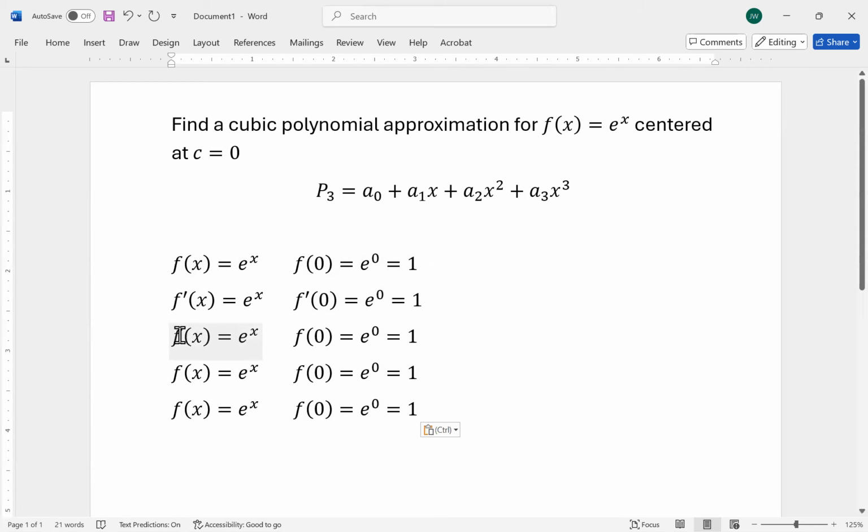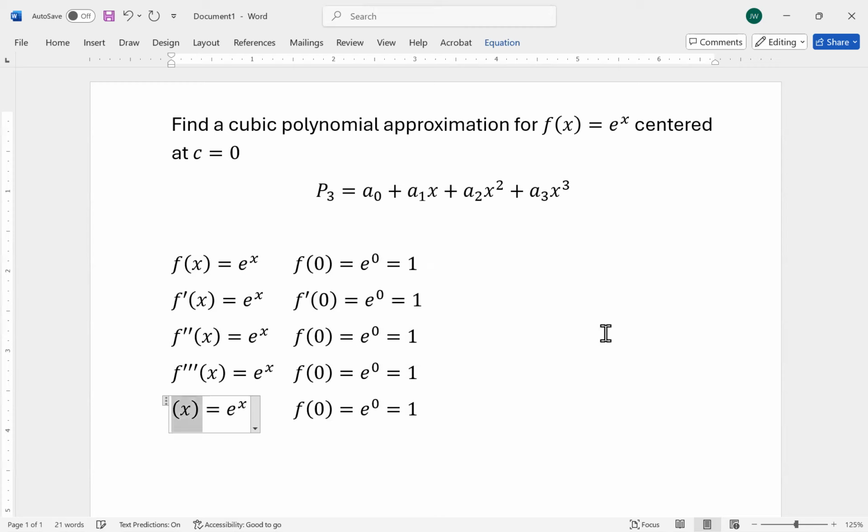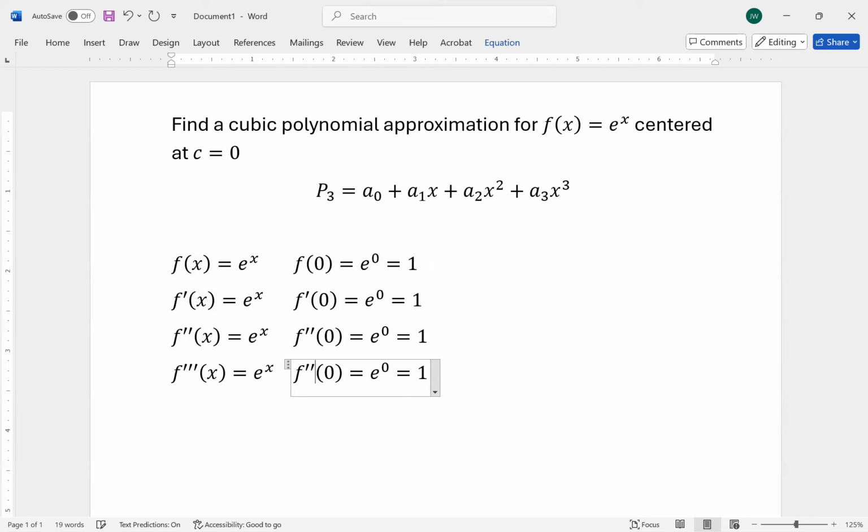And e to the x is the nicest thing to take the derivative of, right? Oh, I just want a cubic. I'm sorry. Yep. So I want a cubic polynomial. So I want that to happen for both the first derivative, the second derivative, the third derivative, and then I can stop.